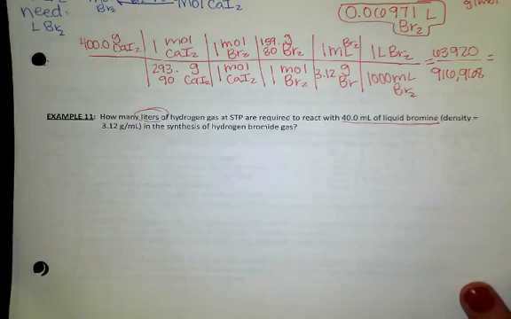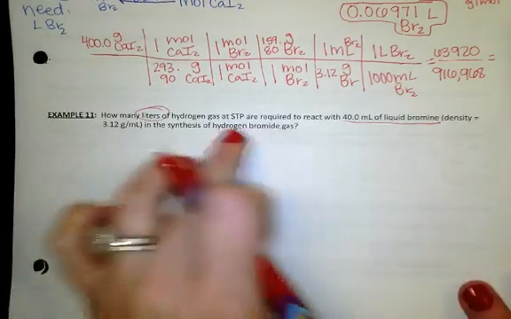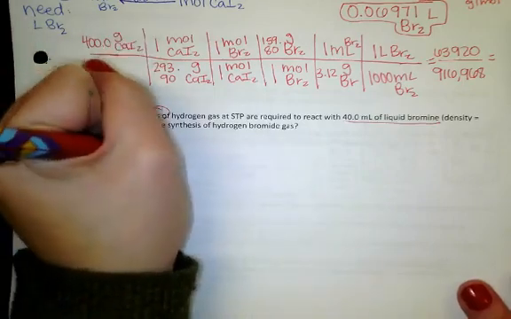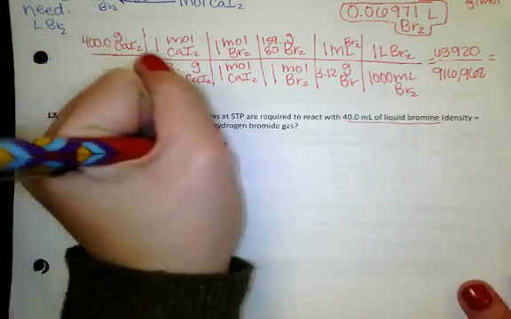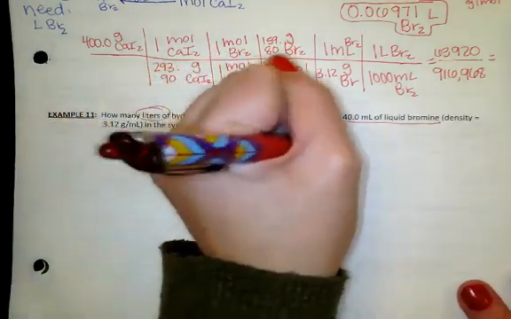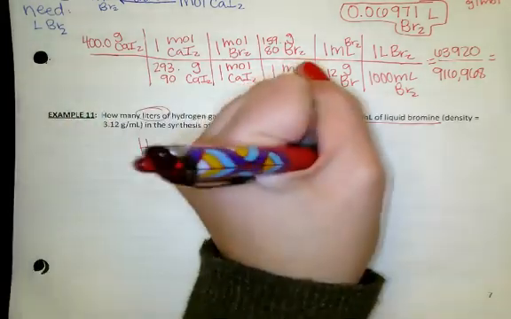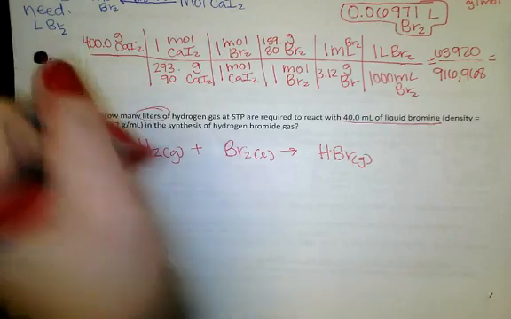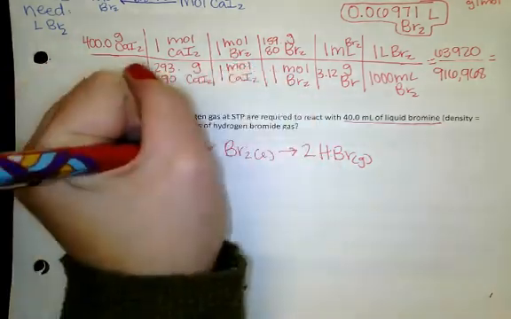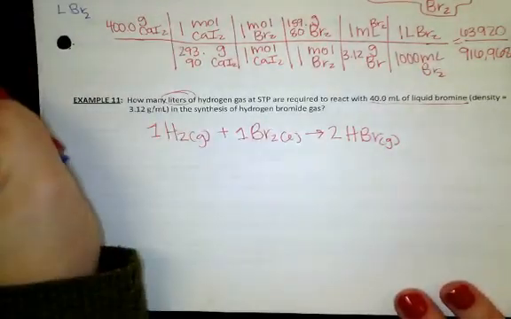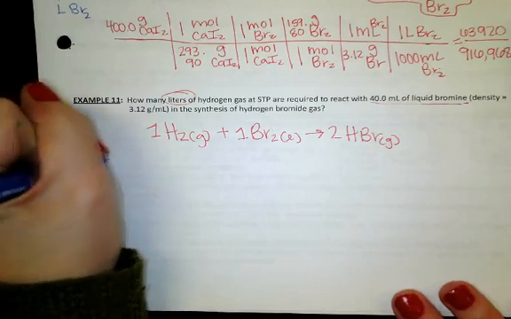So we're going to have hydrogen gas, H2 gas, plus Br2 liquid yields hydrogen bromide. And that's a gas. Okay? So when we balance this reaction, we're going to put a 2 in front of HBr, and there's going to be 1s here. Okay? So, start with your given. We are given, in this case, we have it already in milliliters. We're given 40 milliliters of bromine.